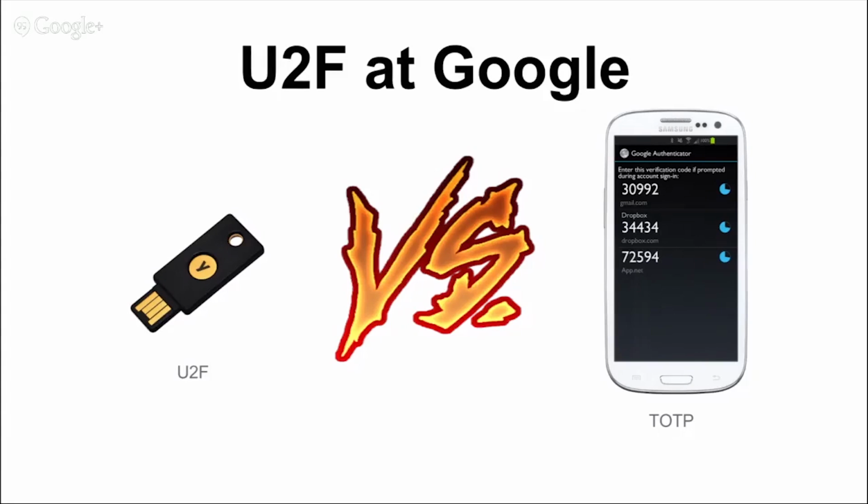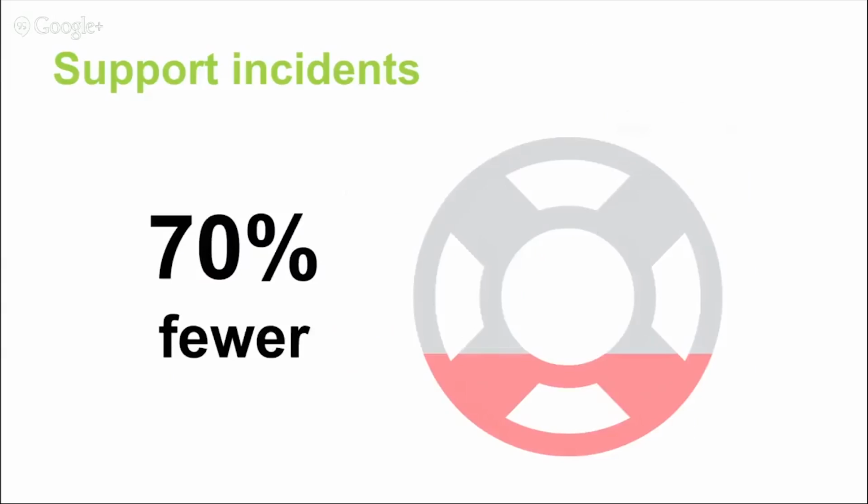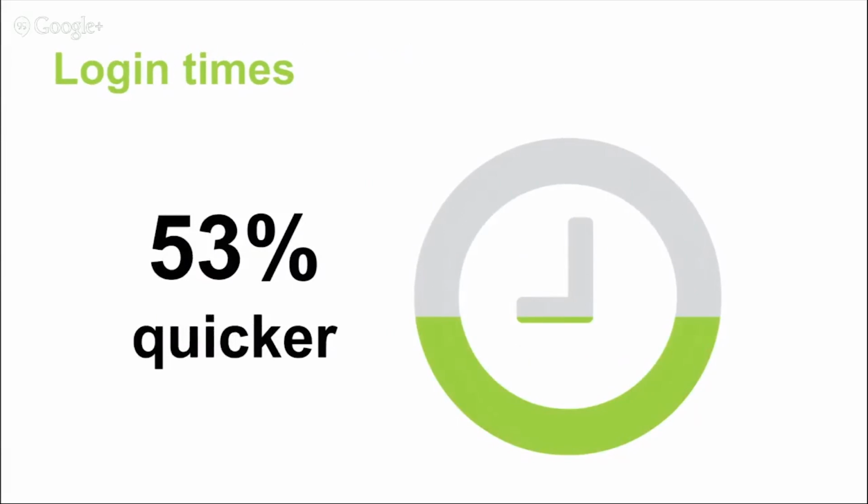And it's being compared to this, which most of you had used by raise of hands, which is called TOTP. Actually, it's not called Google Authenticator, but that's a TOTP client. OK, so support incidents were 70% fewer. That's good. Login times 53% quicker, which is really good.